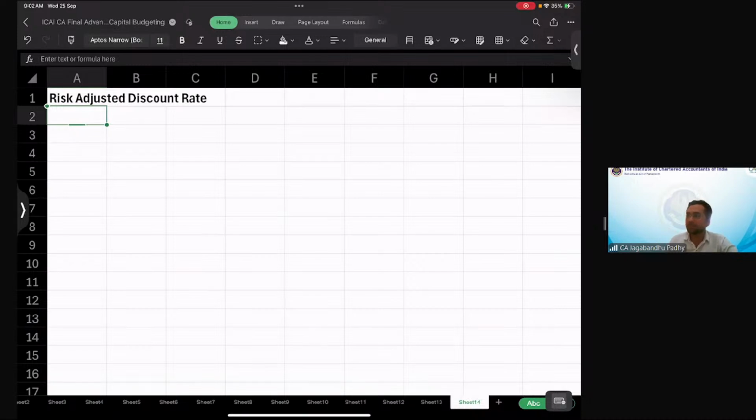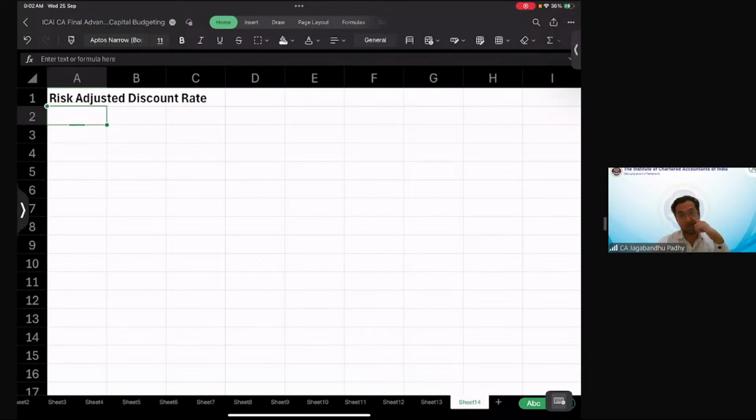Now, the idea is we need to add some risk premium to a typical project. Any project under consideration involves some amount of risk, maybe operational, political or macroeconomic risk. All those risks are going to be considered when we calculate the risk-adjusted discount rate.